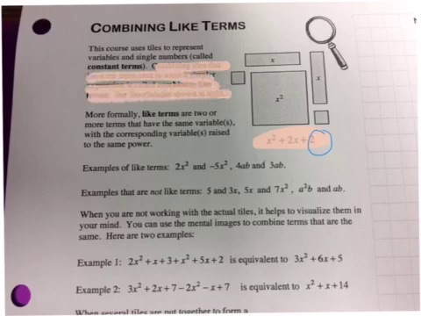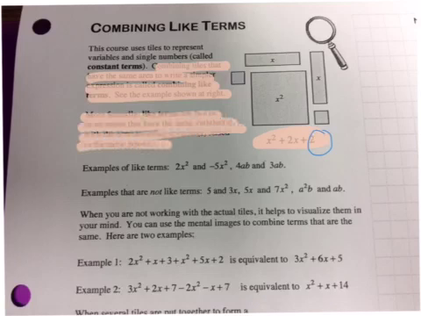More formally, like terms are 2 or more terms that have the same variables with corresponding variables raised to the same power. So we're going to take a look at this in a little bit. So let's look at the examples. We have examples of like terms, and the examples are 2x squared and -5x squared.